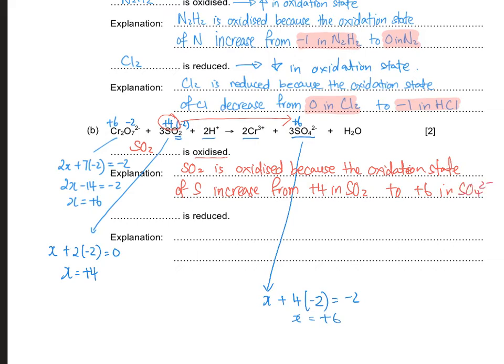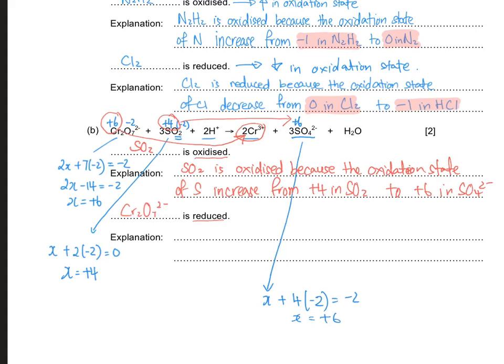And then we look at which one is reduced. In order for it to be reduced, the oxidation state must go down. So from plus 6, it went down to plus 3. So what is reduced?